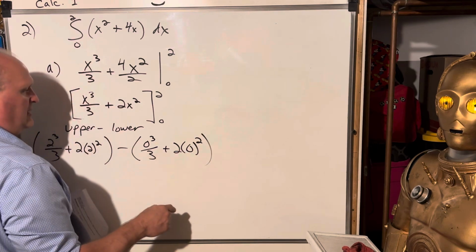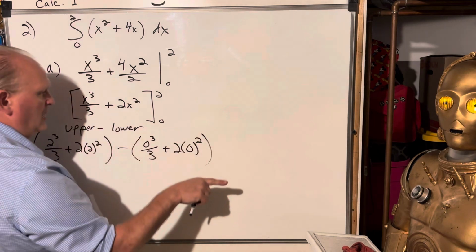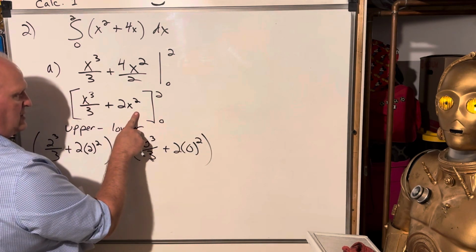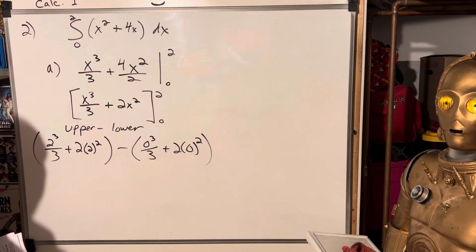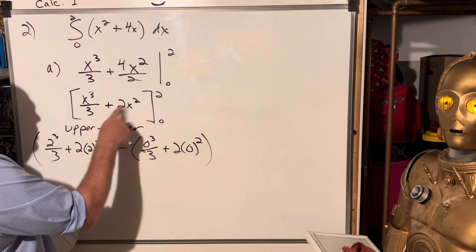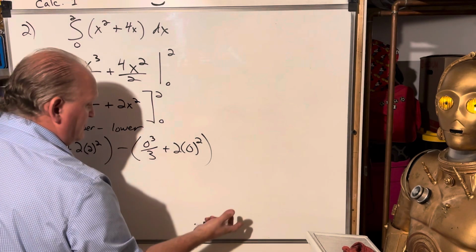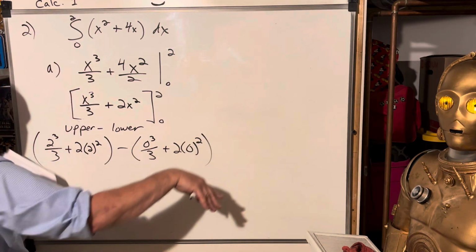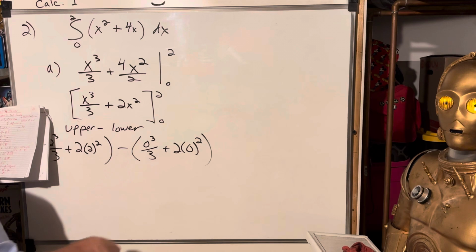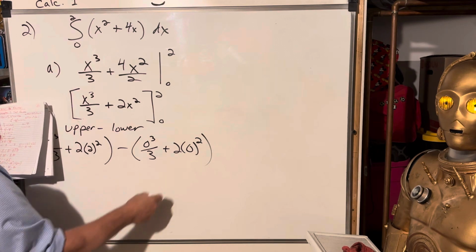I don't want you getting in the habit of always saying that's 0, because depending on the function, when you do take the antiderivative, it doesn't always 0 out. This one does 0 out. So write it down, and then if you just want to put an arrow through it or disregard it after that, that's fine. But I need that step written down.